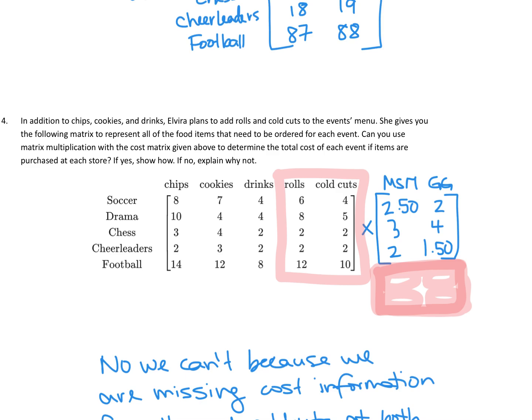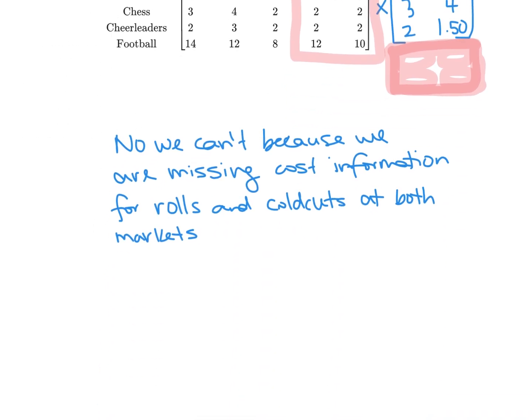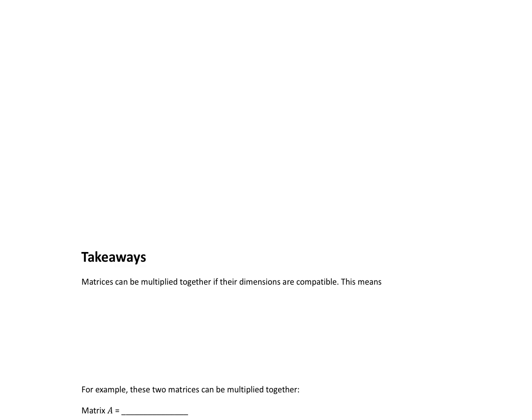We had 5 columns in our first matrix, but then over here in the cost matrix, we only had 3 rows. Do you see that? The information is not compatible. We're missing information.